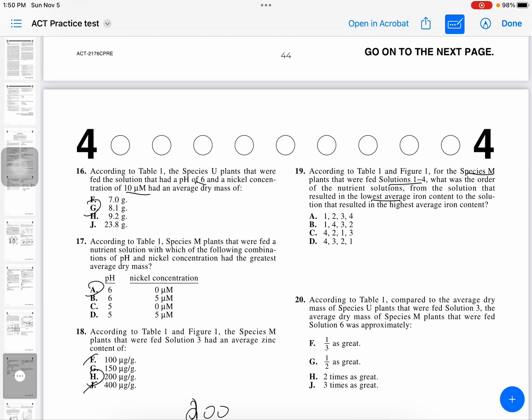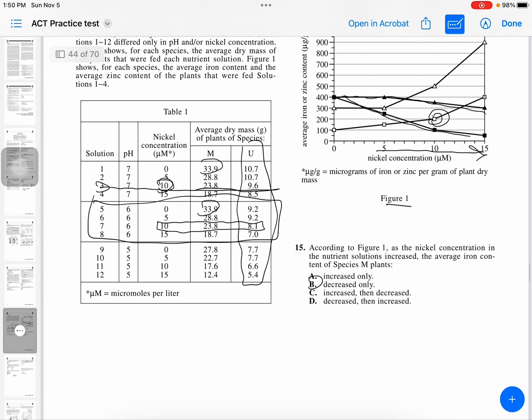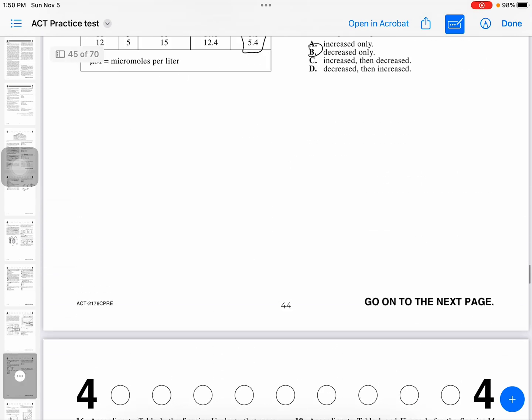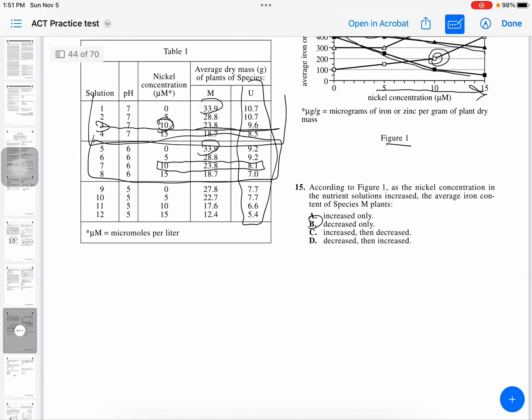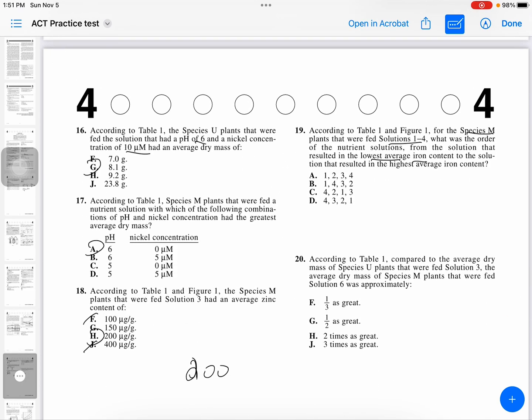Which solution had the highest average iron content to which solution had the lowest average iron content? Solutions 1 through 4, so we're in this top one here, and species M only.